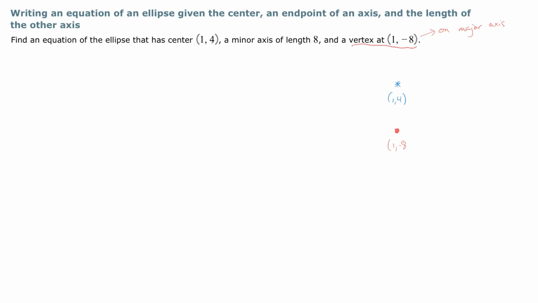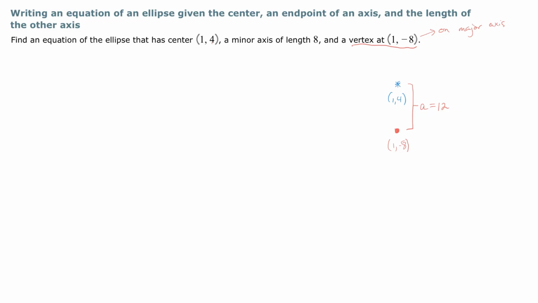So I do need to know this distance. If I know this distance, this is going to be our A distance. We could simply count that. We could always do big minus small. So that distance is 4 subtract negative 8, and that is 12. So we know A is 12.